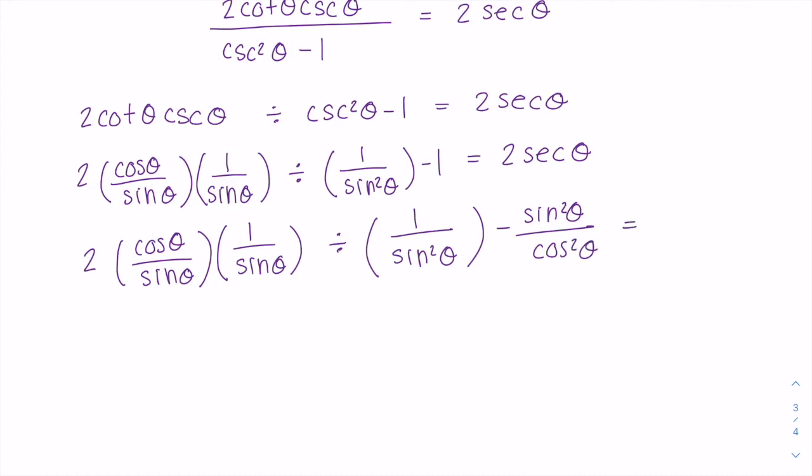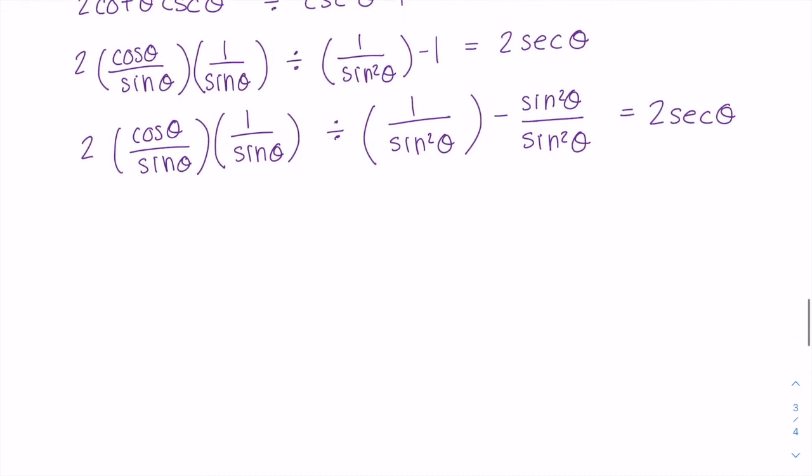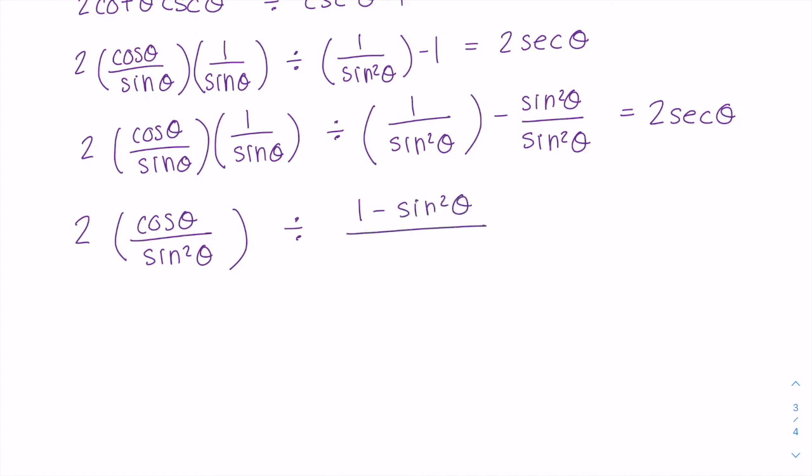And we're still trying to make this, oops, sorry about that. I wrote a cosine, and we're still trying to make this equal to 2 secant theta. So now this side, I'm just simplifying this side a little bit, divided by 1 minus sine squared theta all over sine squared theta.